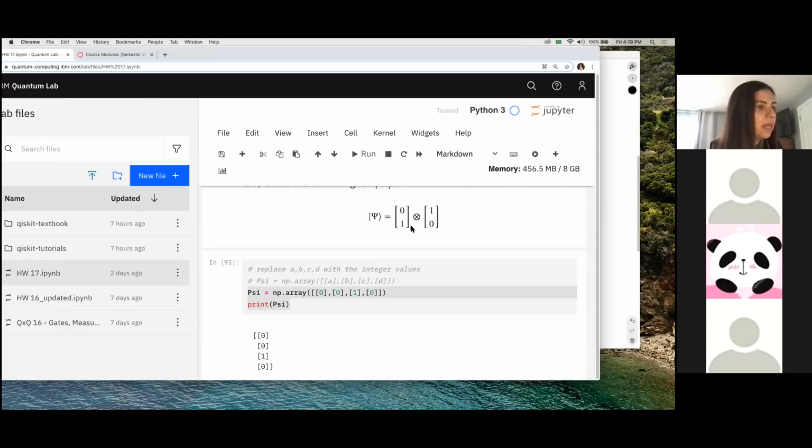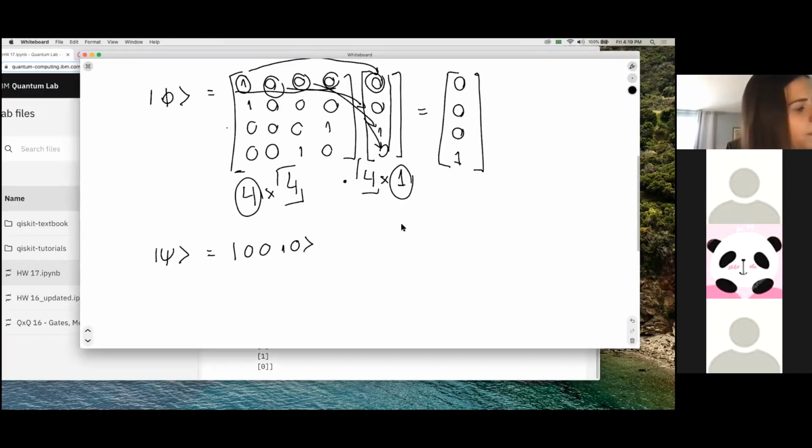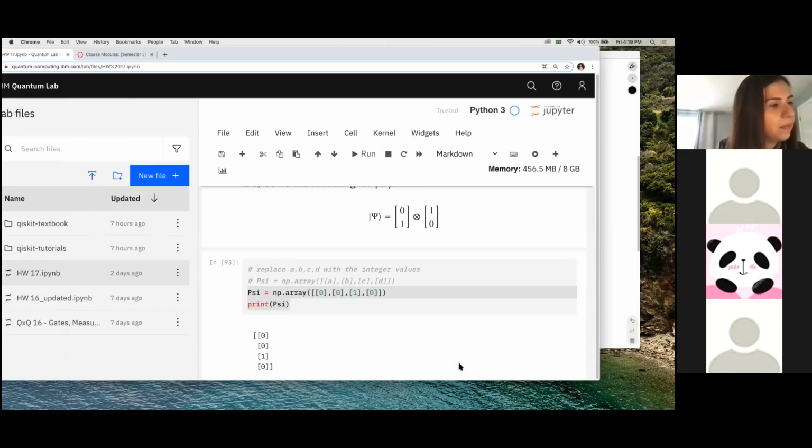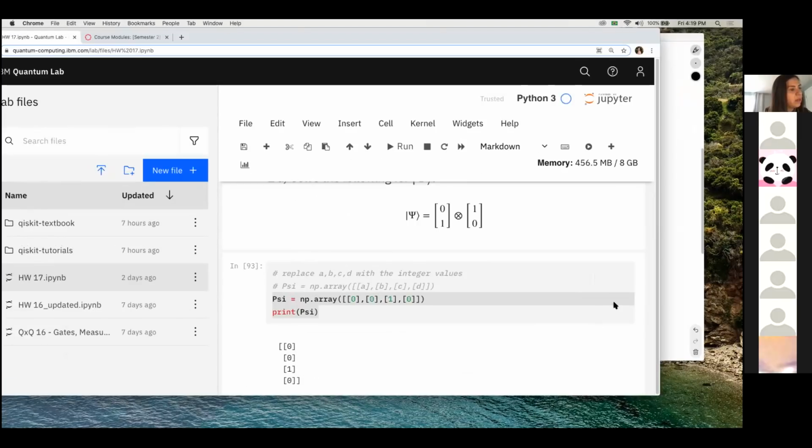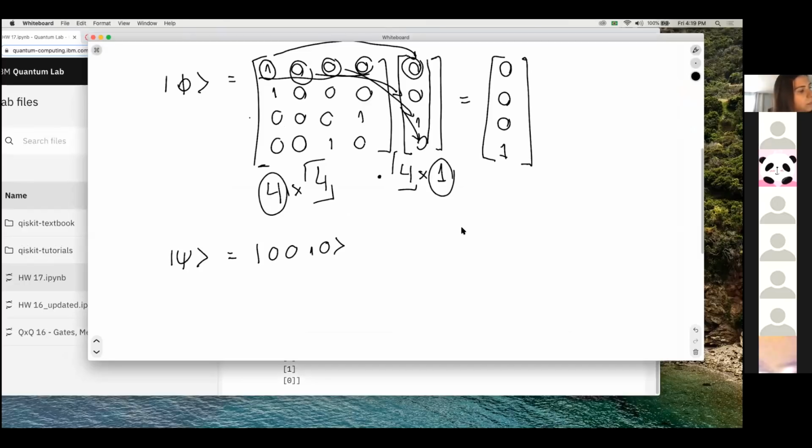And this was the result. The psi vector was the result of 0, 1 and 1, 0.